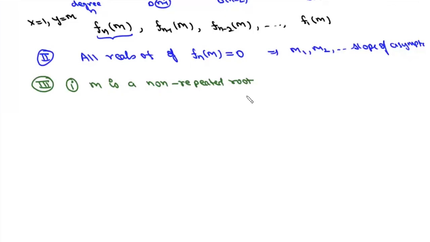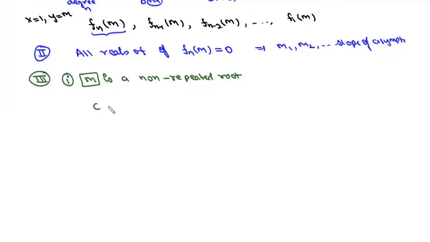Now if m is a non-repeated root, then for this m we'll find the corresponding value of c using this equation, which is c into f dash n of m plus f n minus 1 of m equals 0, where this f dash n of m is unequal to 0 since m is not a repeated root.